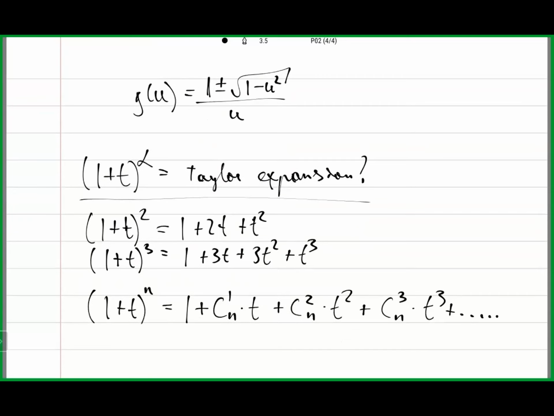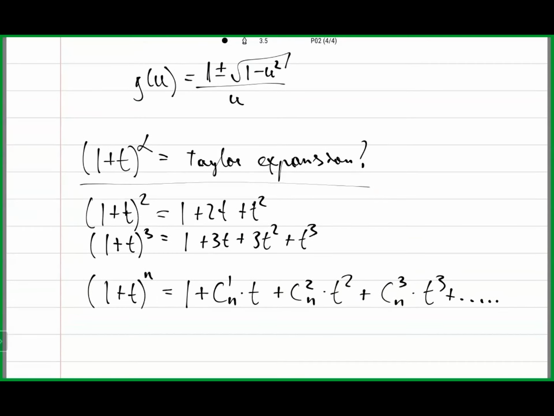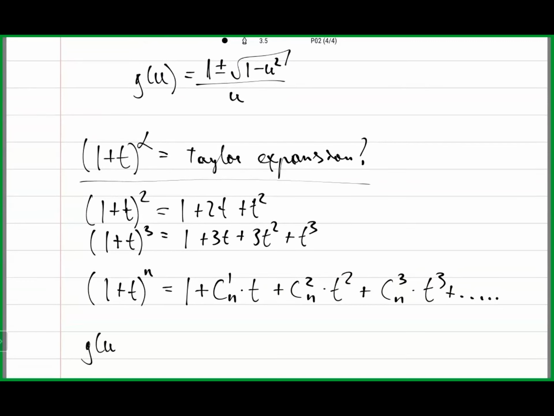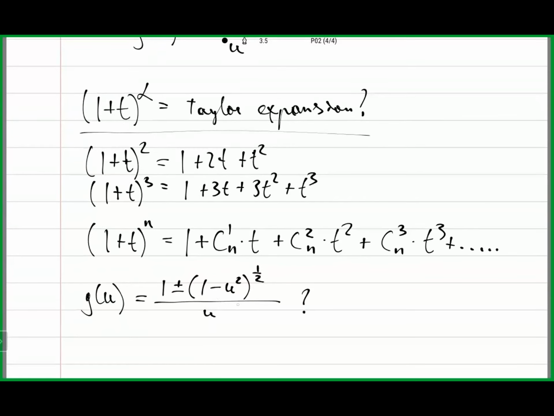So now we continue with our g of u. It's 1, plus or minus. One root is unnecessary, so only one root we really need. So should we choose plus or minus here? Who can tell me?